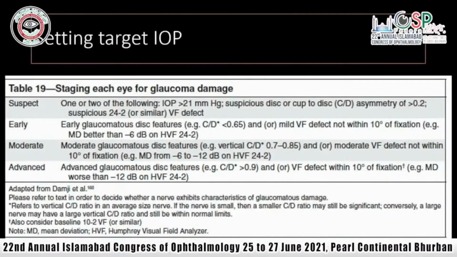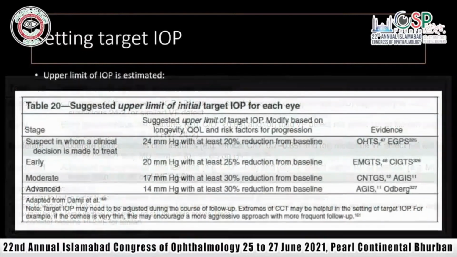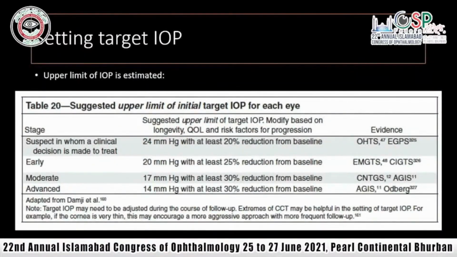What they have done is simply categorize or stage the disease as suspect, early, moderate, and advanced. And then they have given the reduction and target IOP for each patient. In early disease, they have said it should be 20 millimeters of mercury with at least a 20 to 25% reduction.